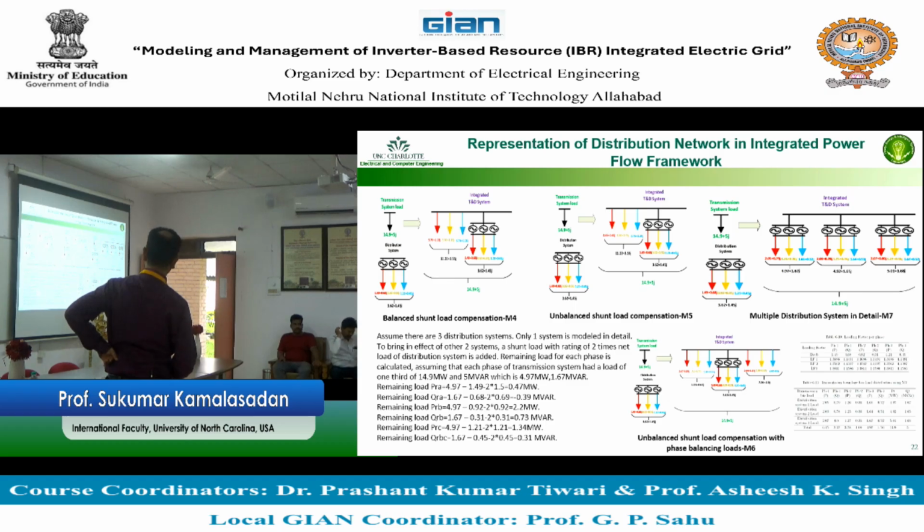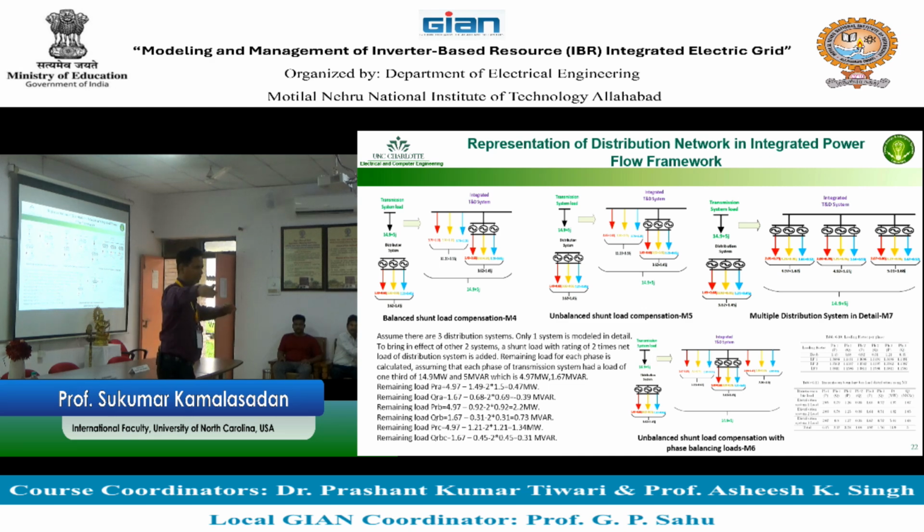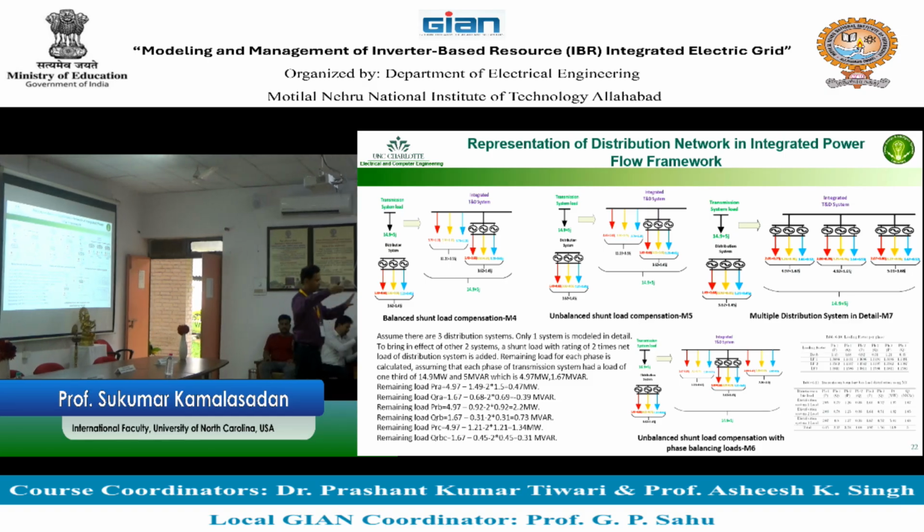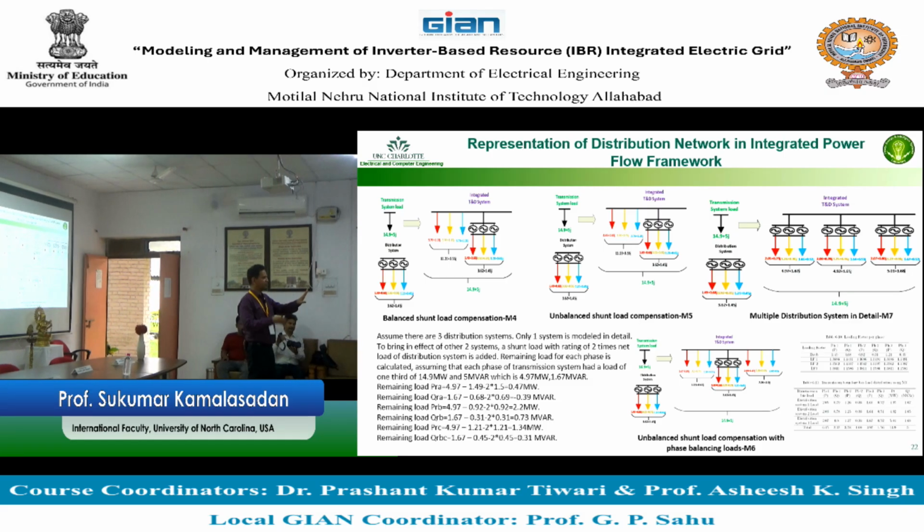You can do each phase, connect it with different values and then apply. But you got the idea, right? So you have individual distribution systems connected and you have a compensator. You scale it up, multiply it, scale it up. In that compensator, you can add 3, 1, 2, and then adjust this.